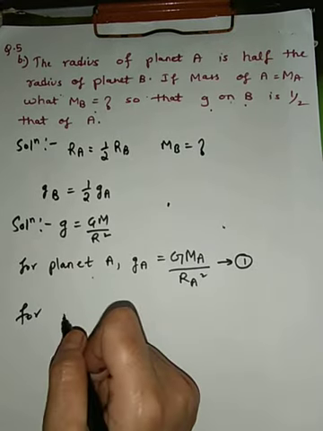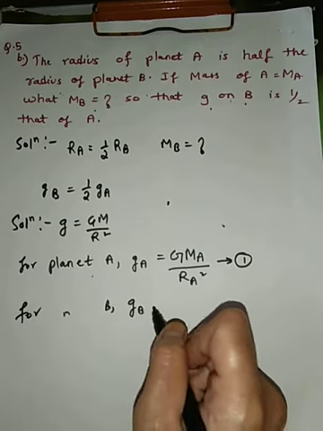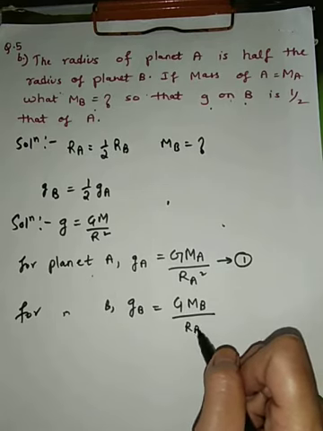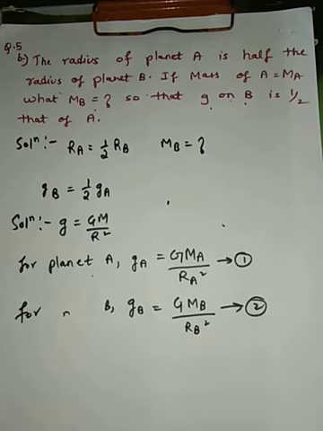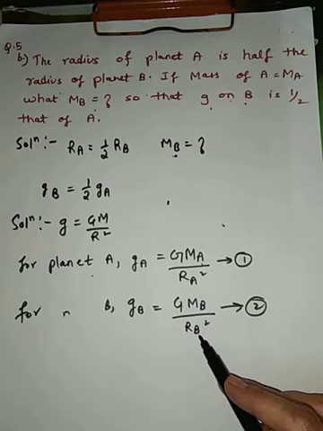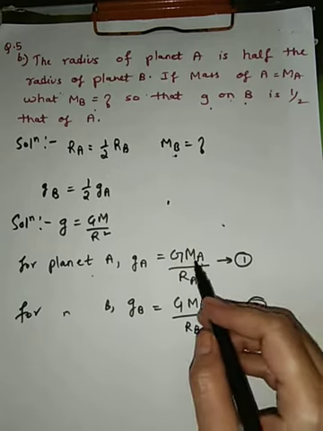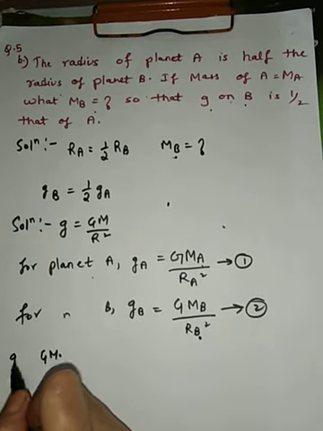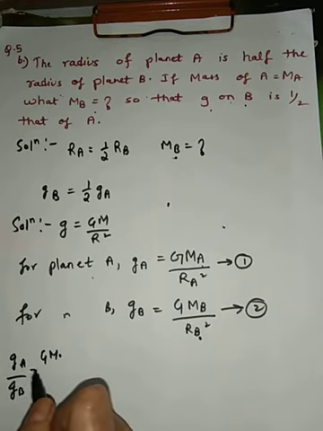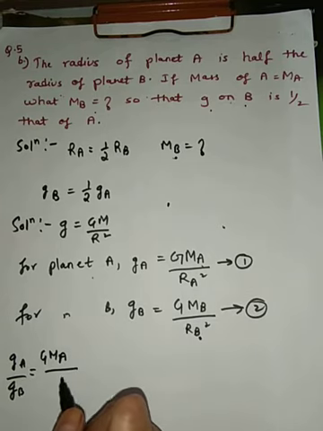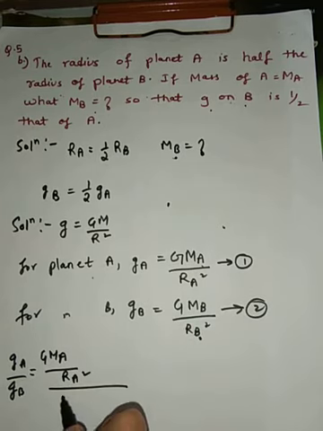Then for planet B we will have gB is equal to capital G as it is, because it is universal constant, MB upon RB square, and I am writing second equation for planet B. Now I just want to find out what is the mass of planet B using these two equations. Now you will divide equation 1 by 2. So what you get, gA upon gB, this is your left hand side, right? And right hand side will be GMA upon RA square divided by GMB upon RB square.